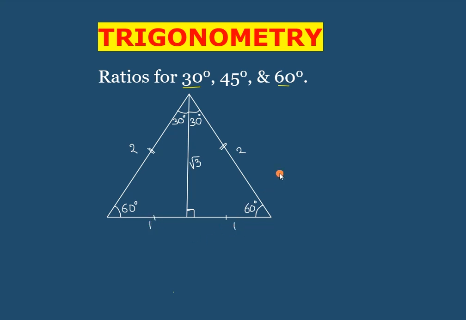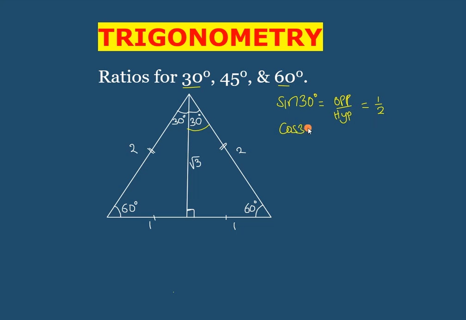And now if we are to get the sine of 30 degrees, this angle there, with reference to that angle, the opposite is here and the hypotenuse is there. So we know that sine of 30 will be equal to opposite divided by hypotenuse, and the opposite is 1, the hypotenuse is 2.